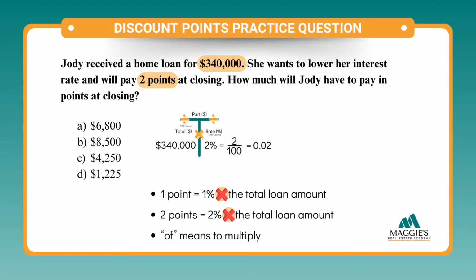And as we already knew, we just have to multiply 340,000 times 0.02, and we get $6,800. So 2 points based on a $340,000 loan makes the answer to this question A, $6,800.